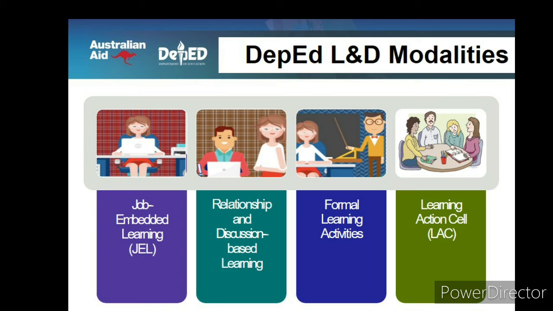Next is the relationship and discussion based learning, wherein the colleagues, the man and woman as colleagues in the organizations are collaboratively working together. And the formal learning activities is represented by a woman attending seminars and trainings. And the fourth is the learning action cell, which is usually done at school.